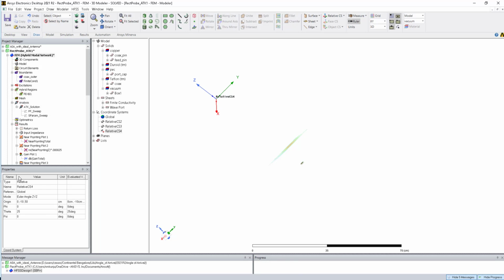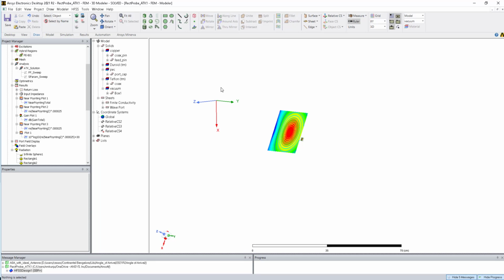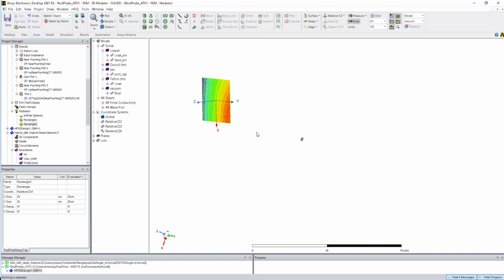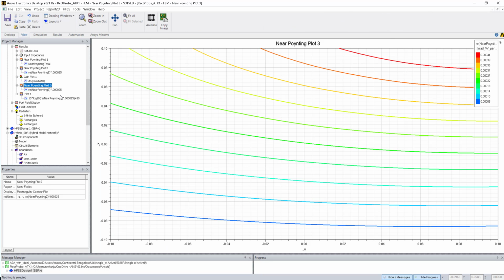Instead of this plane, what I want to see is a particular plane in which x, y, z, all components can come into the picture. So I will say I want to plot this sheet over that CS4 coordinate system. You will see that this is now mapped to that, and all the plots automatically update here.